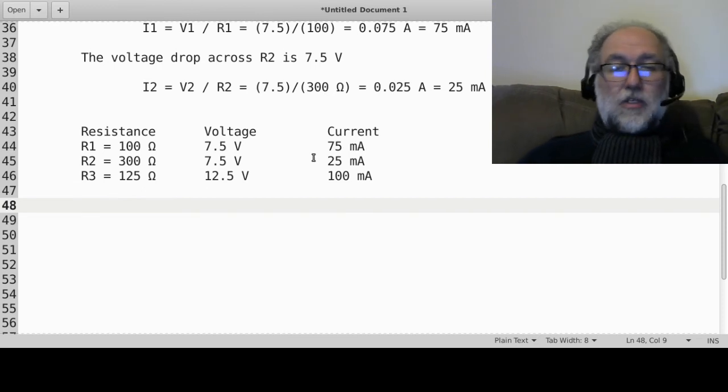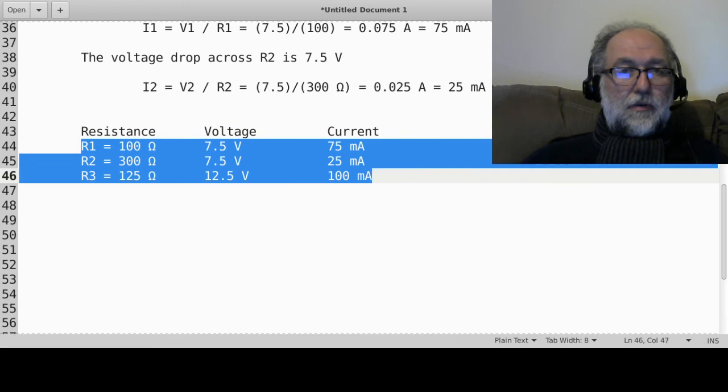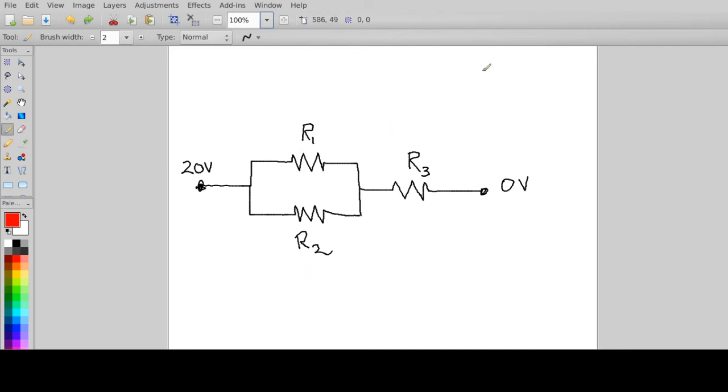Let's go back to the diagram and see what's happening, see if we can understand these numbers. So back to the diagram here. Let me clean it up a bit. We now know, let me do this in blue, that was 100 ohms. This one was, I've forgotten already, what was it, 300?